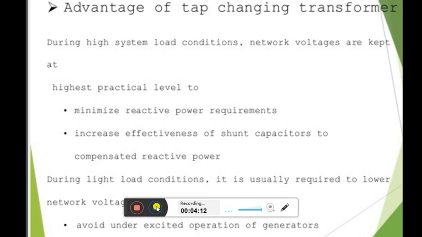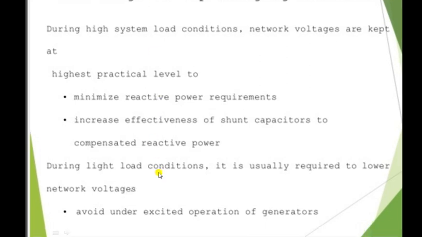In such cases, the tap position will always be kept at the highest tap, and hence we can minimize the reactive power requirement, and it also helps to increase the effectiveness of shunt capacitors to compensate the reactive power. During the low load condition, it is usually required to lower the network voltages and to avoid under-excited operation of the generator.